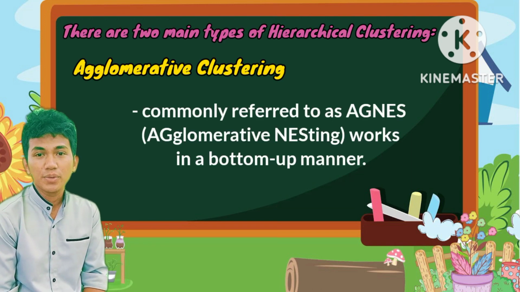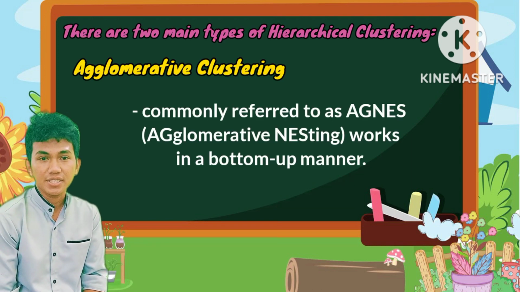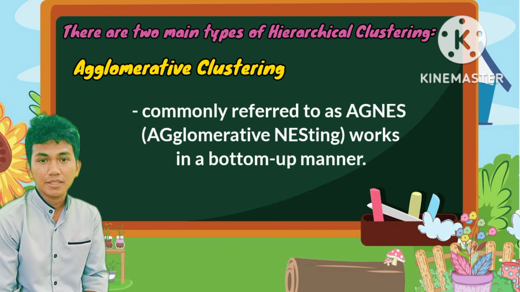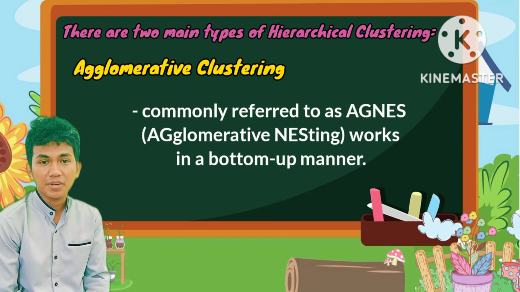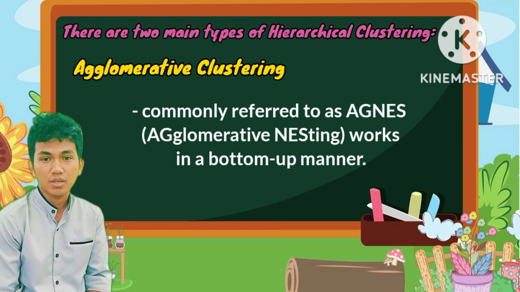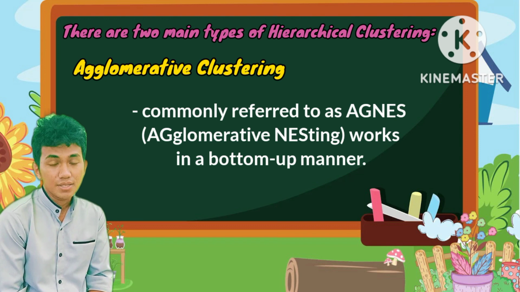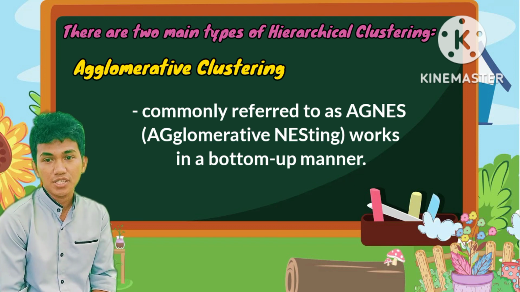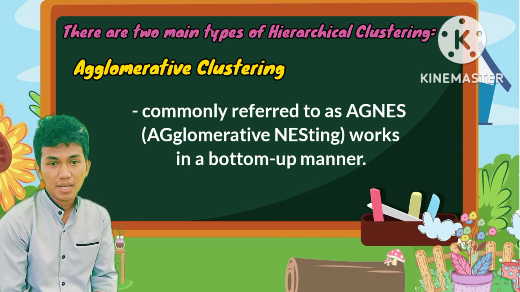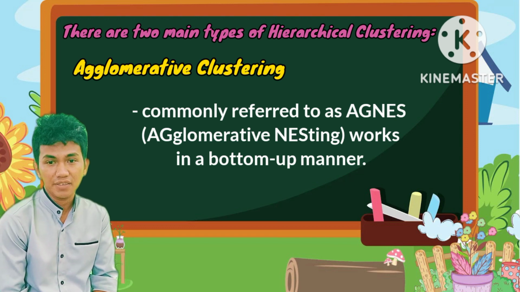There are two main types of hierarchical clustering. First is agglomerative clustering, commonly referred to as AGNES, or agglomerative nesting, which works in a bottom-up manner. It means each observation is initially considered as a single-element cluster.